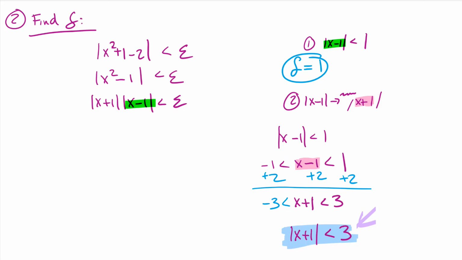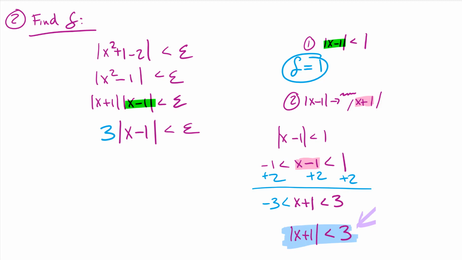We just wanted to choose a number that's large enough to cover ourselves, to guarantee that this is still going to be less than epsilon. So we're like, you know what? Let's go worst case scenario, and let's take it all the way out to 3. And that's why we're going to replace it right in here with a 3. Let's make this thing as big as possible just to make sure.